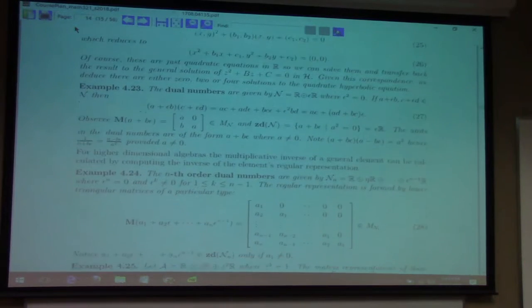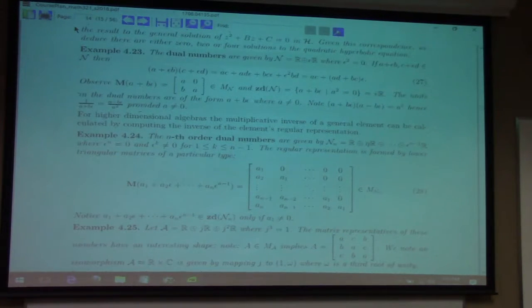Dual numbers. Again, another 2-dimensional algebra, basically based on a nilpotent element, an element which squares to 0 but is not 0 itself. They have these strictly lower triangular representations in our thinking.